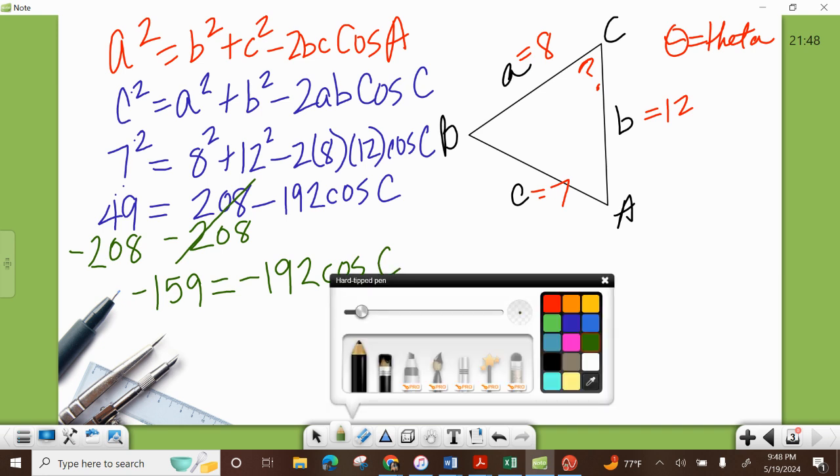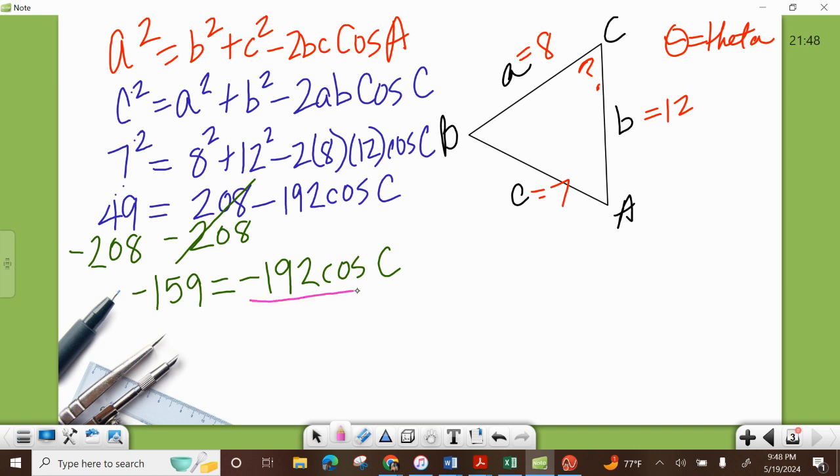Just like algebra, we are now going to divide both sides by what's in front of our variable, negative 192. This is why the sign is important, because a negative divided by a negative is going to end up giving you a positive.